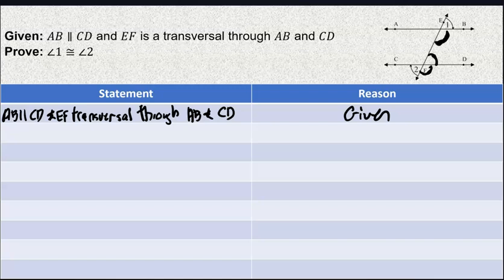And the definitions I have at my disposal now are vertical angles, alternate interior angles, and corresponding angles. So what I see I could do is I could create a set of vertical angles. And so what I did is I see two pairs of vertical angles here.